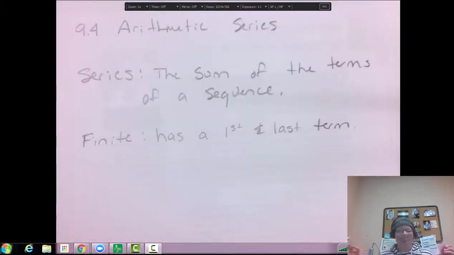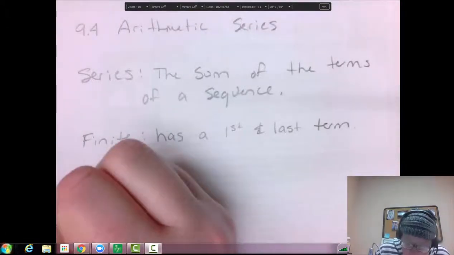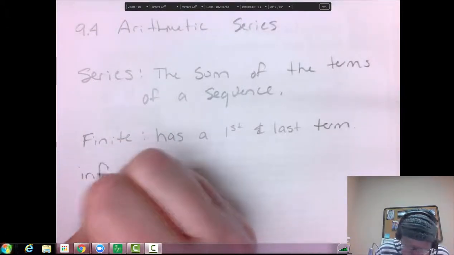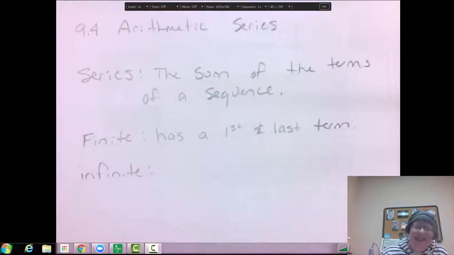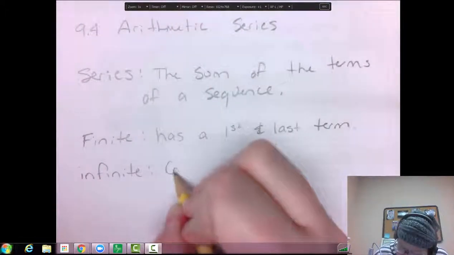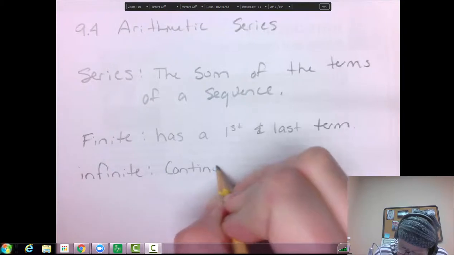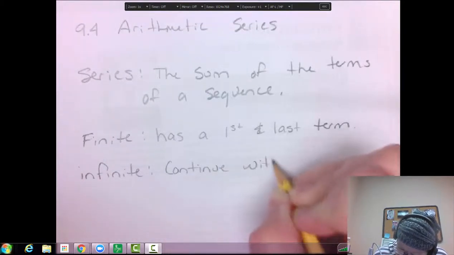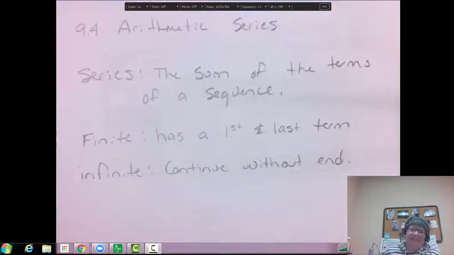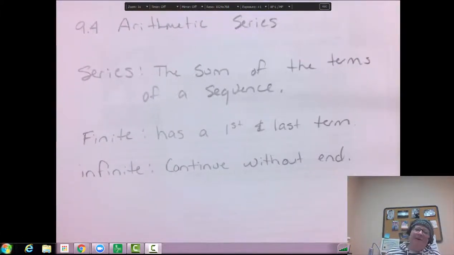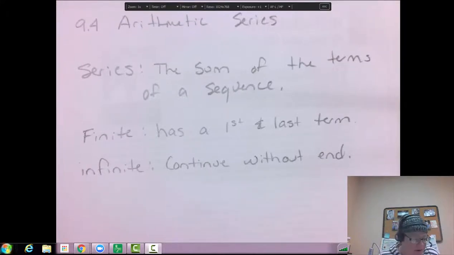Done. That's finite. If it's infinite, it's going to continue without an end. And we've seen this in sequences. Infinite means it keeps going and going. So we'll look at those.